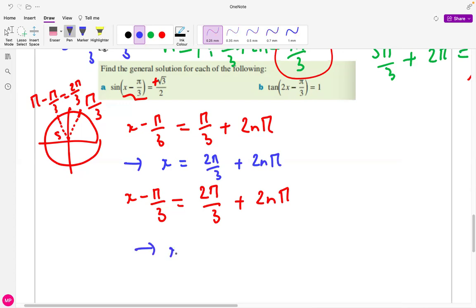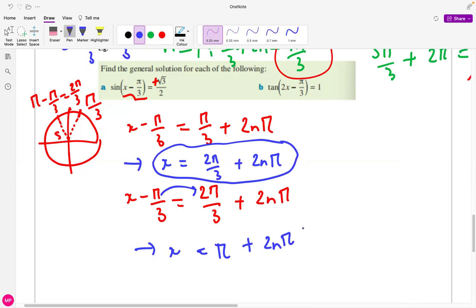And then for the other, you move that over: pi/3 plus 2 pi/3 gives you 3 pi/3, which is pi, plus 2n pi. So these will be your general solutions, and you just need to write that n belongs to Z, okay?